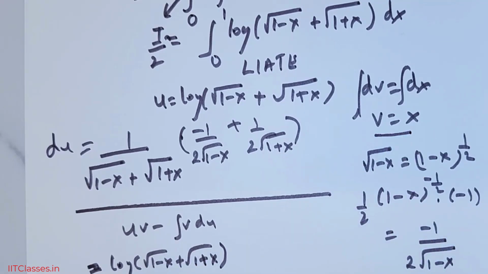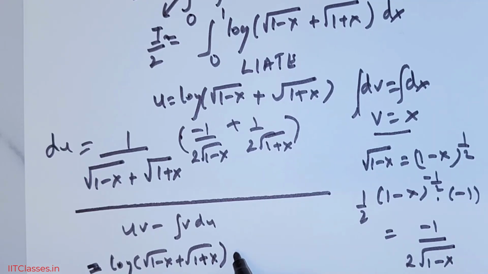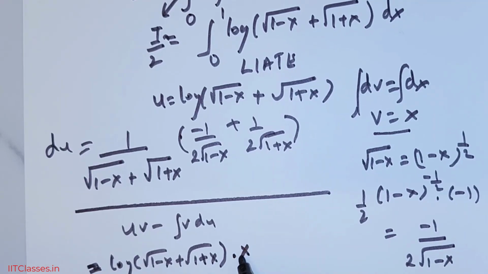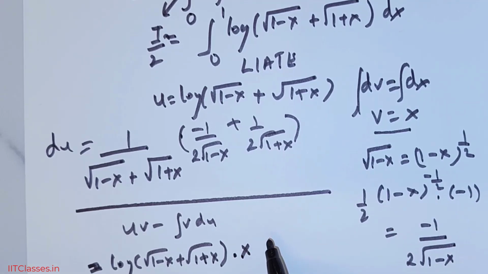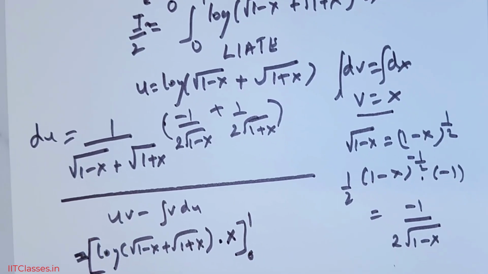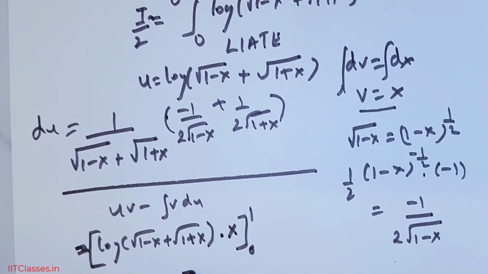So I can place it as a product like this, and this has the limits going from 0 to 1, followed by minus the integral of v du.